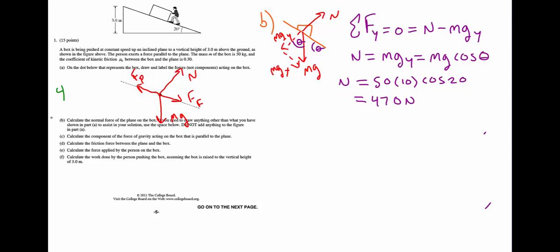Alright, for C, we would like to figure out the component of the force of gravity that's parallel to the plane. And for that, we're going to utilize our simple trigonometry here. We're going to look in this triangle that we drew up on the incline, and we're going to see that the parallel component is the x component of gravity.